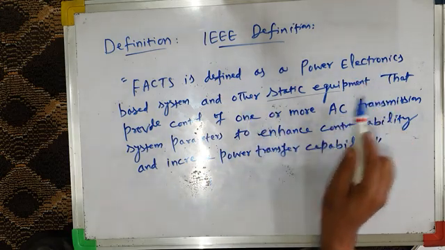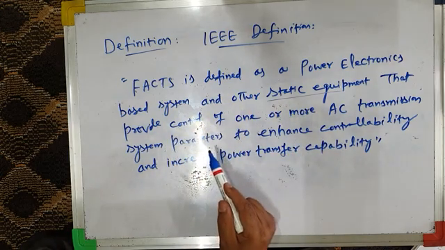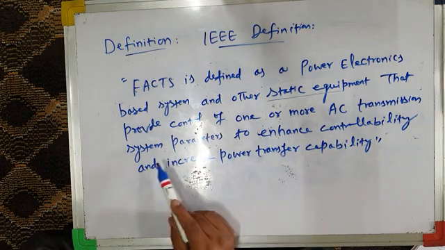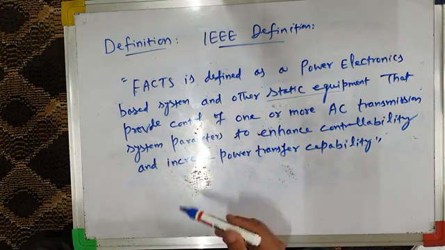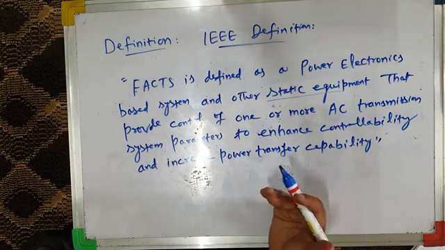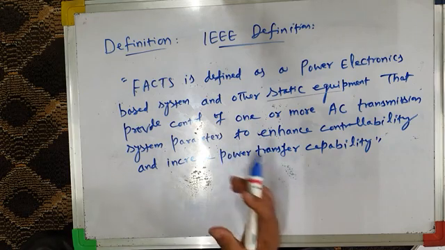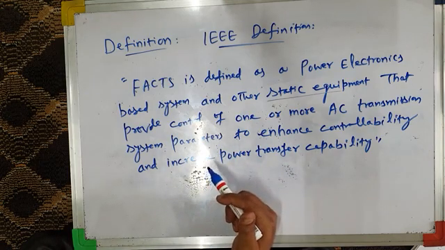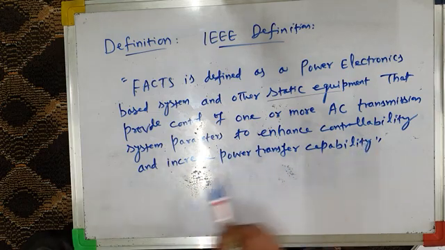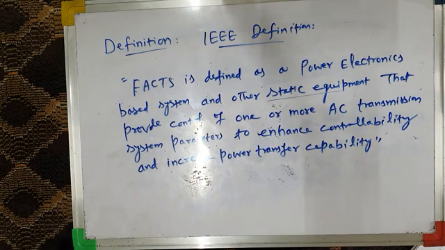And these power electronics based systems, along with other static equipment like capacitor banks, provide control of one or more AC transmission system parameters. Like they may control the transmission line impedance, which otherwise is very difficult to control, and they may also control the phase angle of the power transmission system. What for? For enhancing the controllability and increasing the power transfer capability of the transmission system.